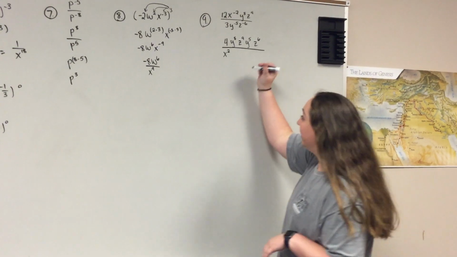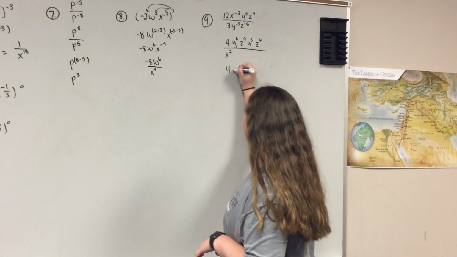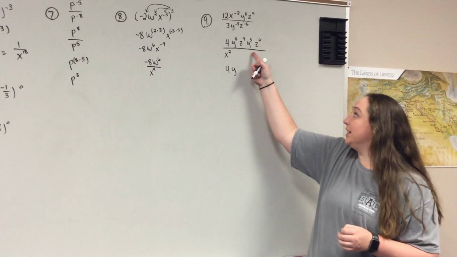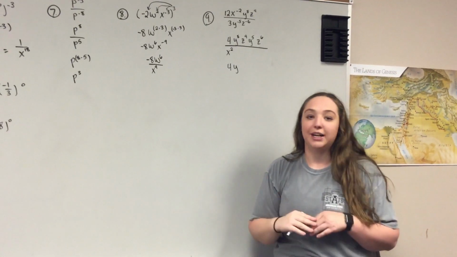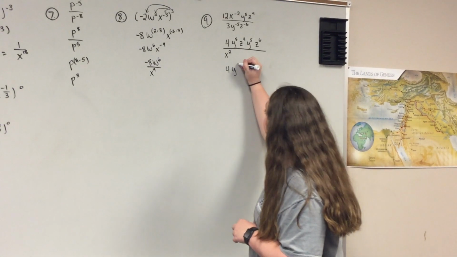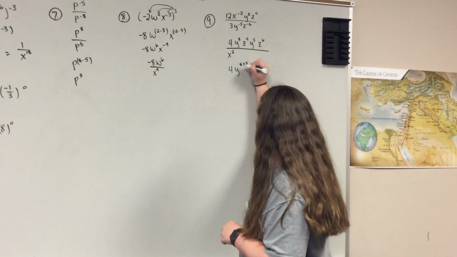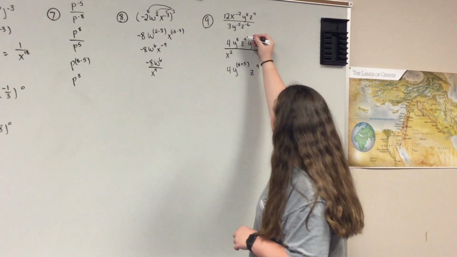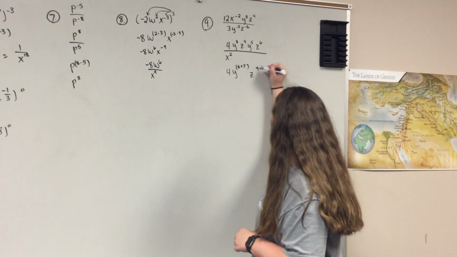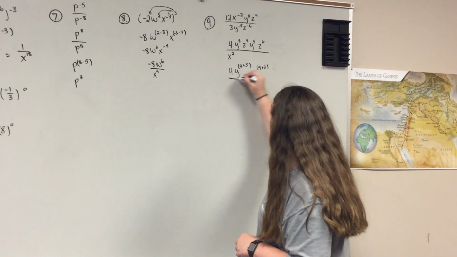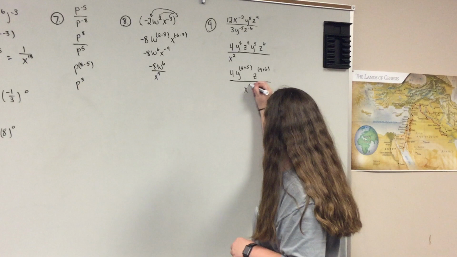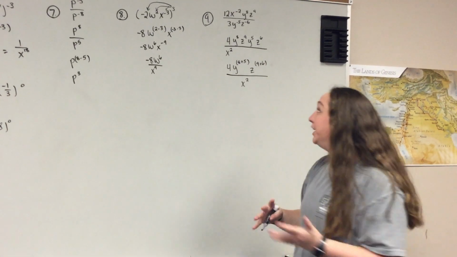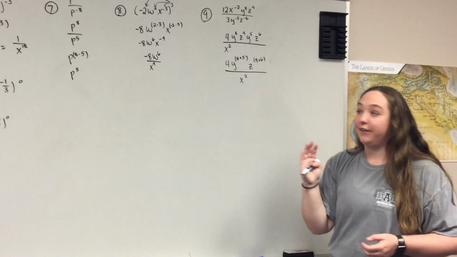So up here we have 4, and then we have y to the 8th power, and over here we have y to the 5th power, and those are being multiplied together, so we know we're going to add them. So 8 plus 5, and then with z we have 9 and 6, so we're going to add those, and that's all going to be over x squared. There's no other x variable, so we just leave x how it is.